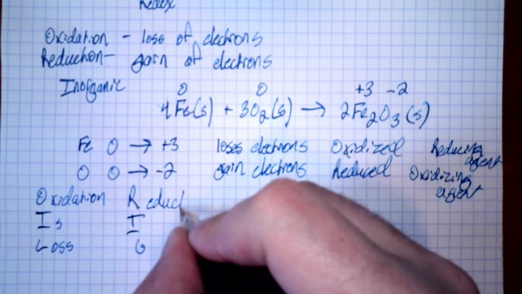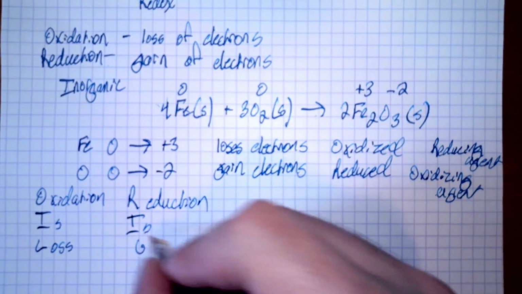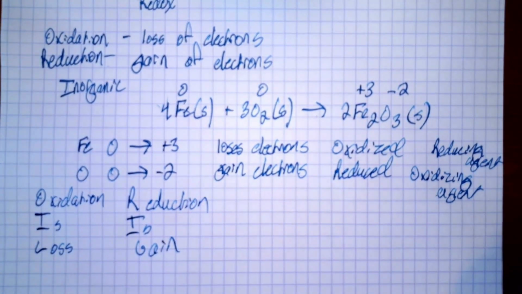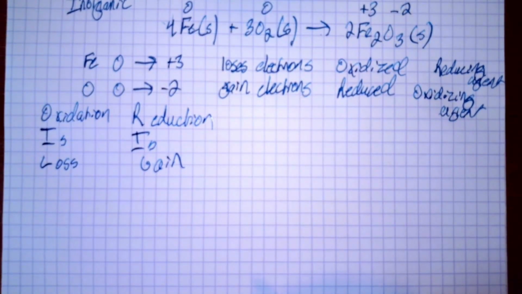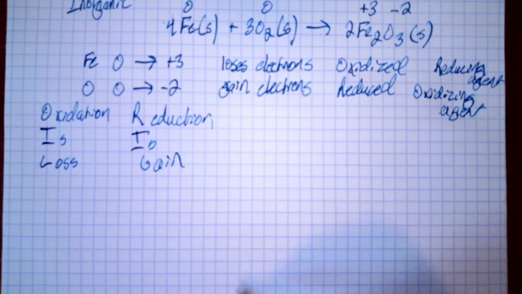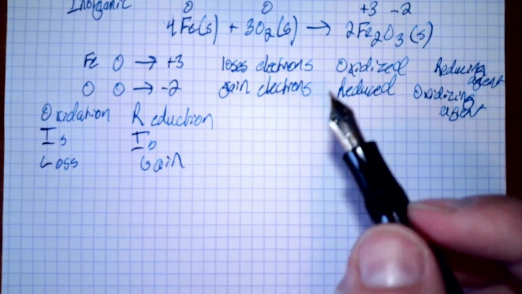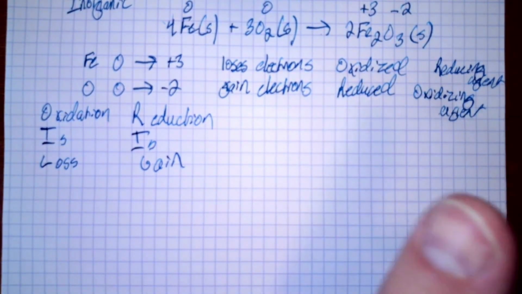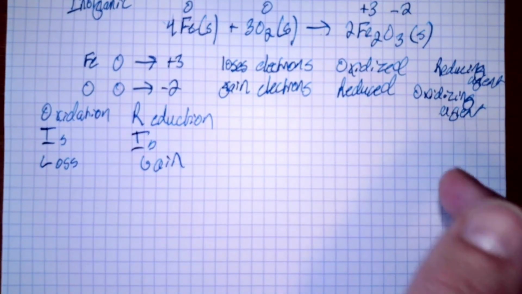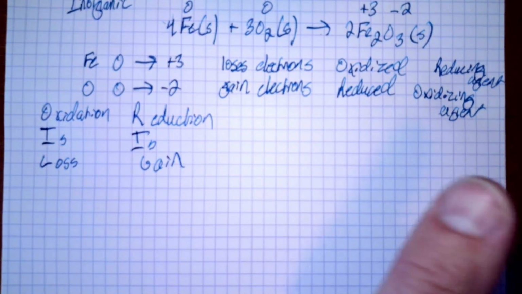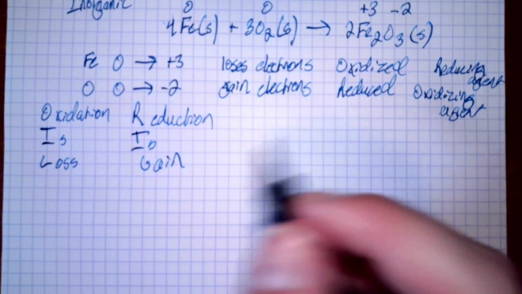Reduction is gain, right? So that's inorganic redox. We just keep track of our charges. The more formal, proper way to do this is to look at oxidation numbers, but for anything we would do, they're going to be interchangeable.